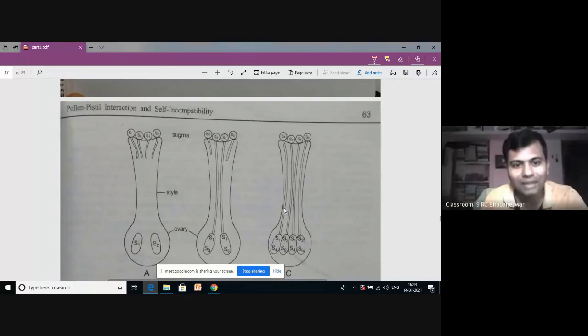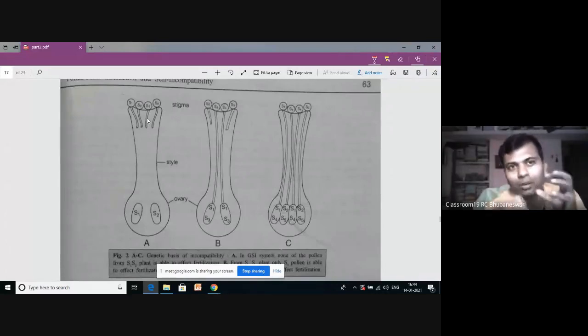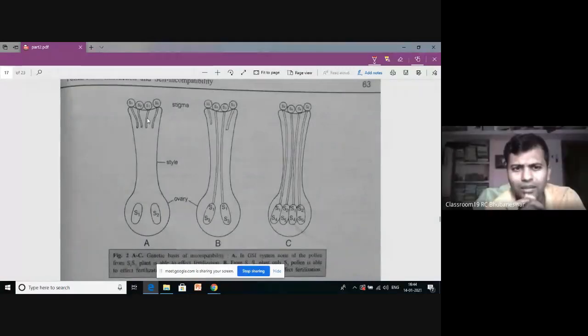Look at now, come to the first case. Here the ovary contains S1 S2, and all pollen grains contain S1 S2. Is there 100% incompatibility, or is there compatibility? I have told you, if the allele or gene present in the pollen grain is also present inside the ovary, the pollen will not germinate.